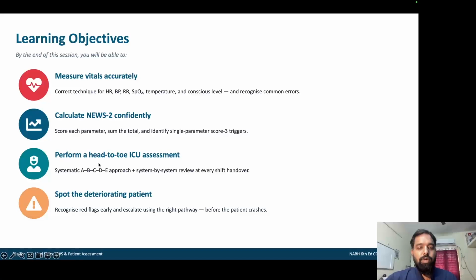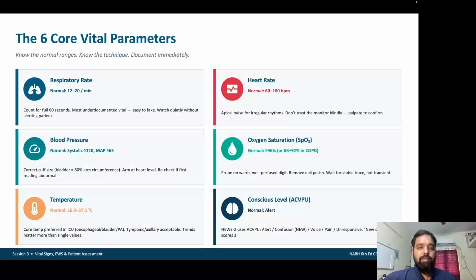Perform a head-to-toe assessment of patients, involving the A, B, C, D, E approach plus a system-by-system review at every shift handover. And spot the deteriorating patient, identifying the early warning signs and escalating to the right authority before the patient crashes, to save the patient's life.